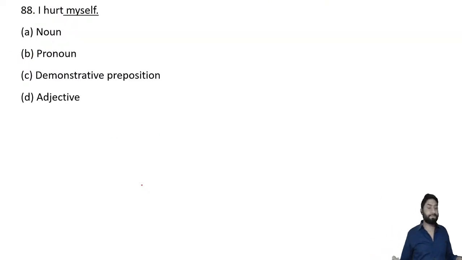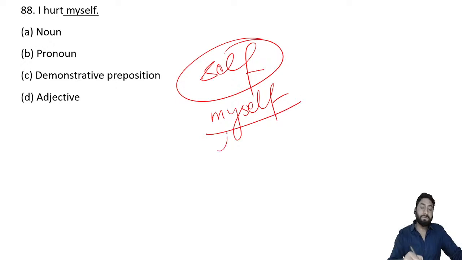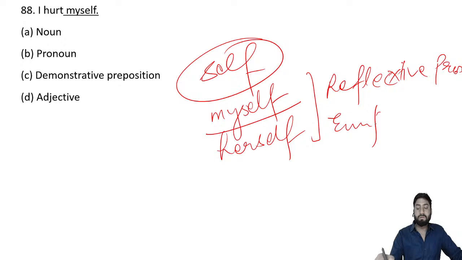I hurt myself. Self again. You know how the self could be used. Myself, yourself, herself, right? How we use them: either as a reflexive pronoun or as emphatic ones when they're used for emphasis purposes.